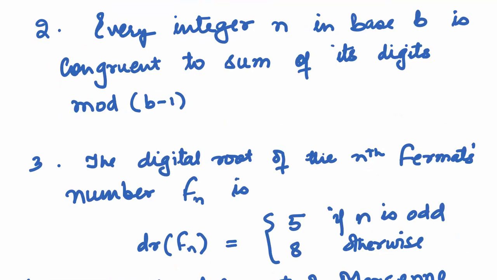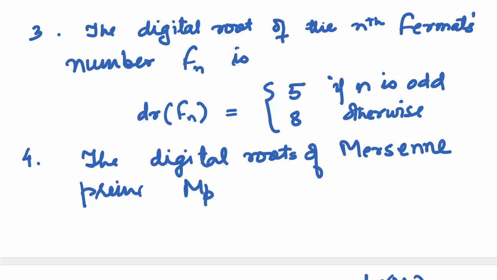Every integer n in base b is congruent to the sum of its digits modulus b minus 1. The digital root of the nth Fermat number Fn is nothing but 5 if n is odd, otherwise it is 8. And what about the Mersenne primes, Mp?